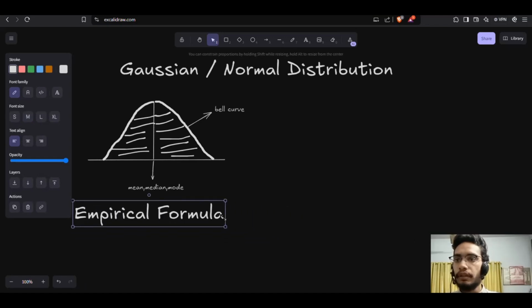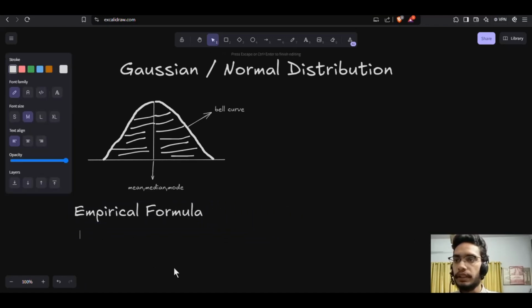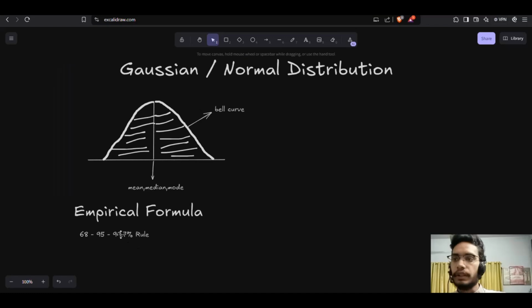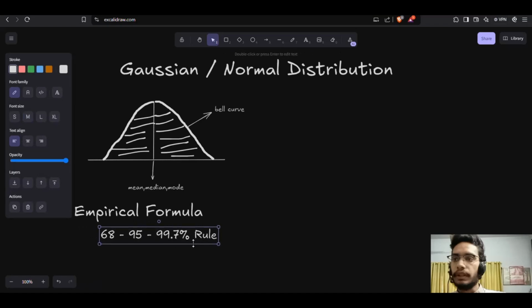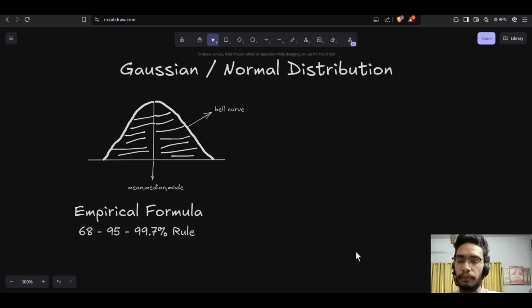Now, what does this empirical formula say? Let me explain it in detail.